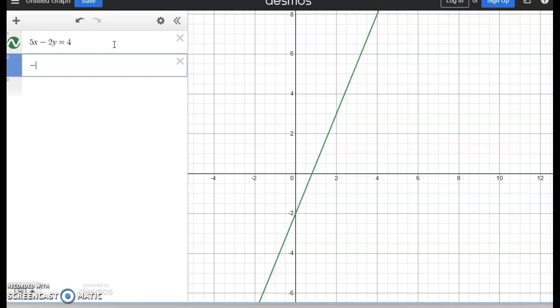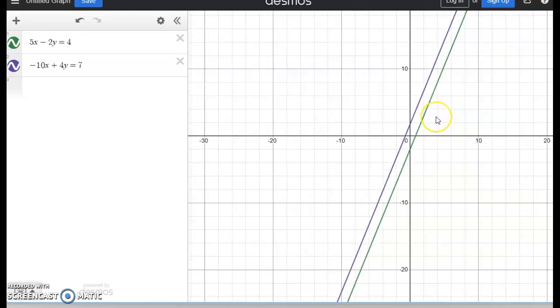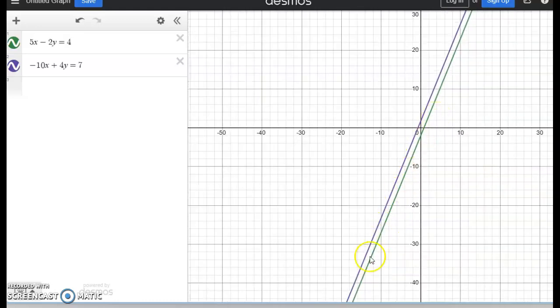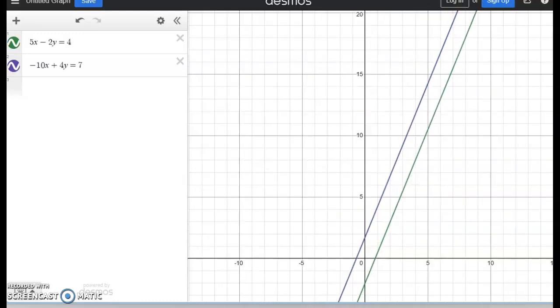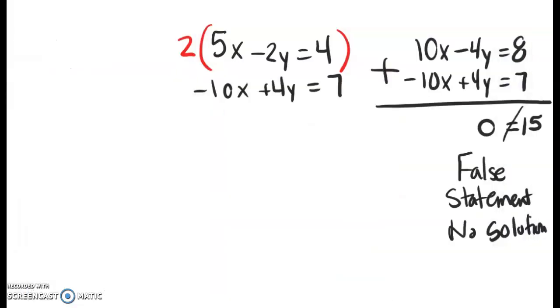And negative 10x plus 4y is equal to 7. And so when you graph them, take a look, even if I zoom out further, I still see that they never intersect, they're parallel to each other. So that is an example of a no solution, parallel lines.